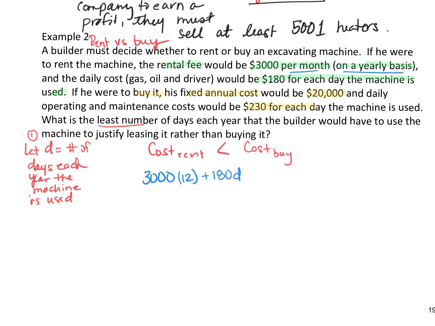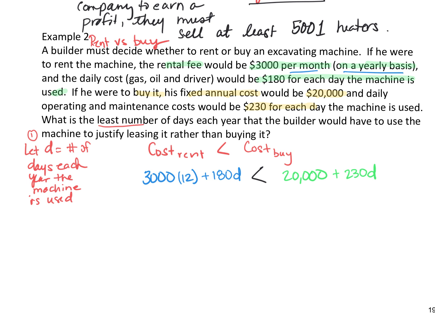And my inequality is less than. Now let's look at how much it would cost to buy. In this one, I have an annual fixed cost of $20,000, so I don't have to do anything else to that. But for each day, it's going to cost me $230.